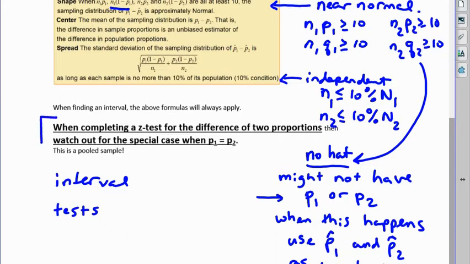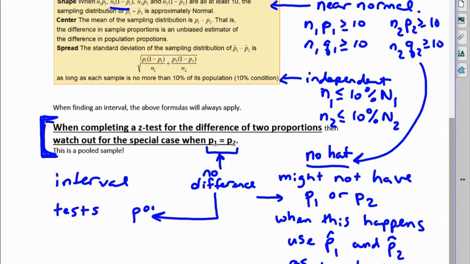Right here, there's a very important case. This is the case when you think there is no difference between the two populations. Like if I say that there's no difference between boys and girls studying habits, or between school 1 and school 2 studying habits, then for my test, I will need to pool the test, and we're going to do that.